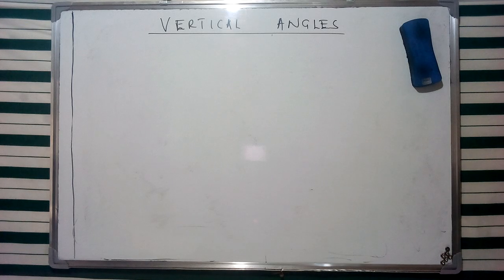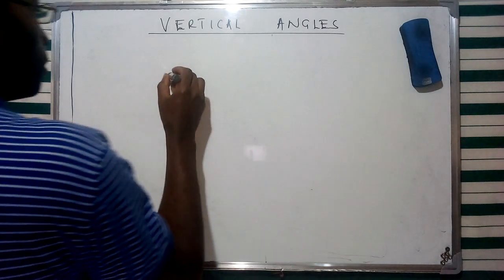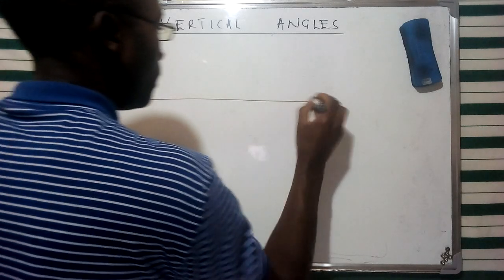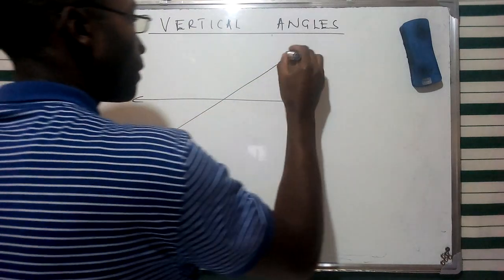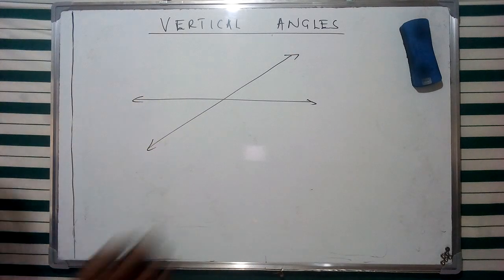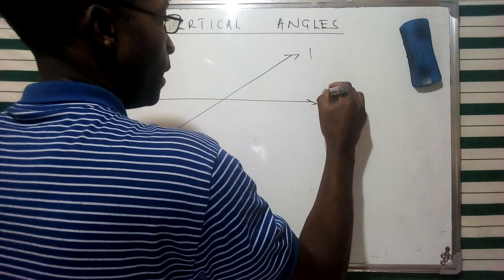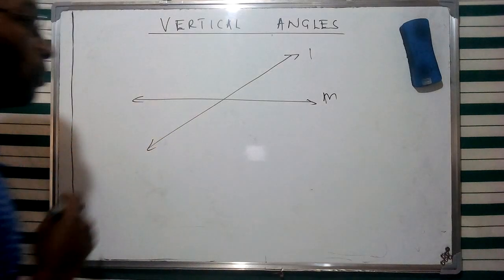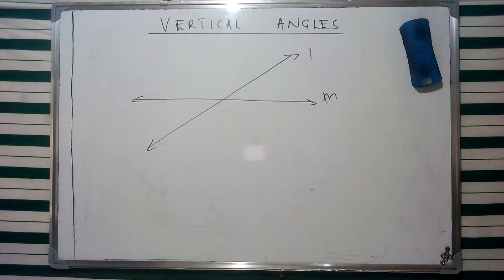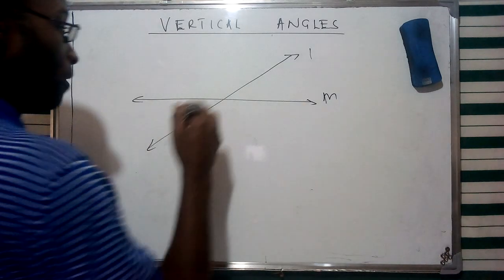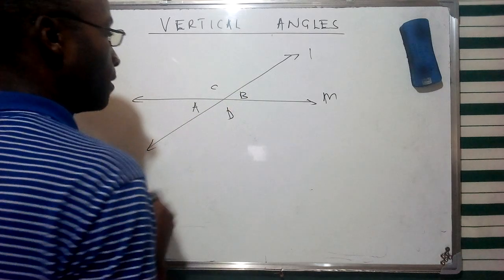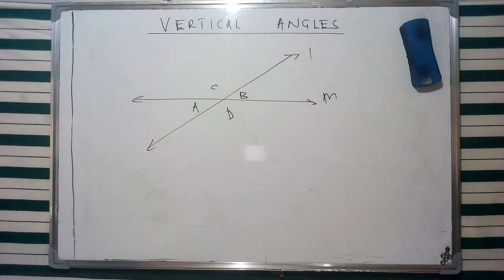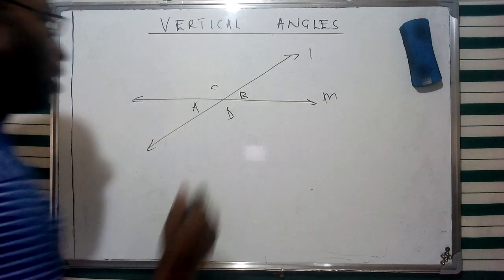If I give an example of illustration, we have two lines, which we call l and m. Lines l and m intersect at a specific point, forming various angles A, B, C, and D. These angles form sets of vertical angles.